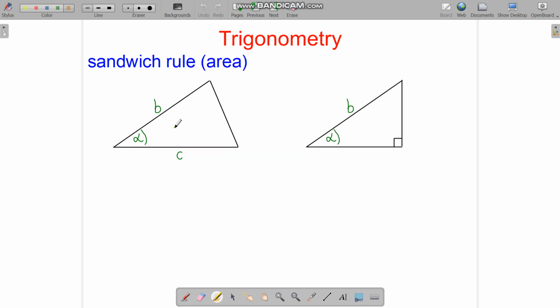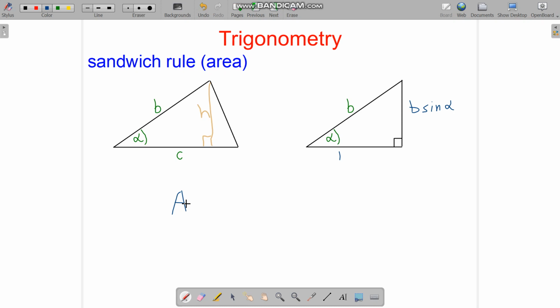Sandwich rule, the area rule. So we have triangle ABC. Let's again use this helping line at a right angle. So here we have b sine alpha, and this is b cos alpha, and yeah, we don't need the b cos alpha. Now if we want to find the area of the triangle, we just need the height, which is equal to b sine alpha.